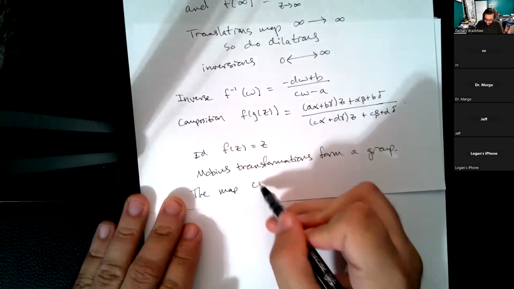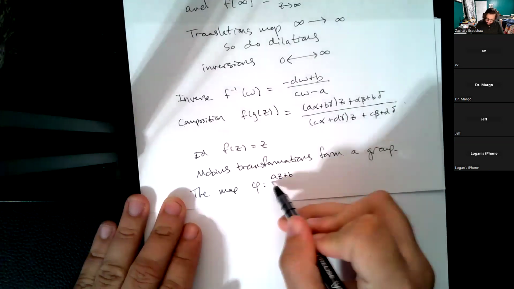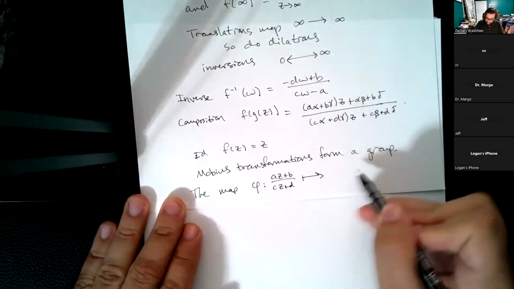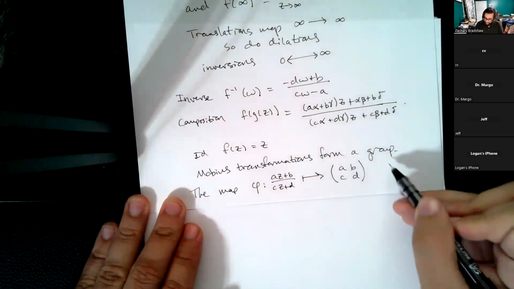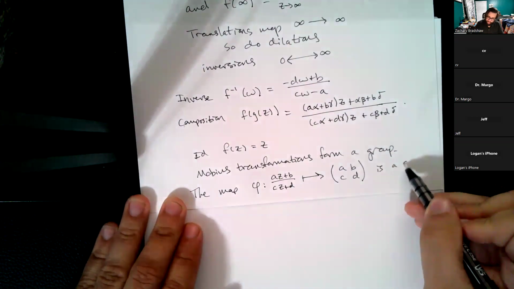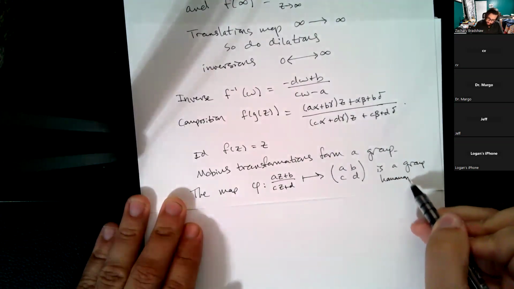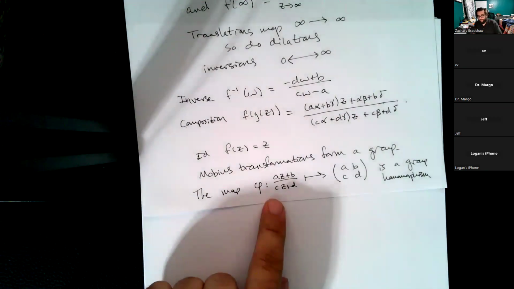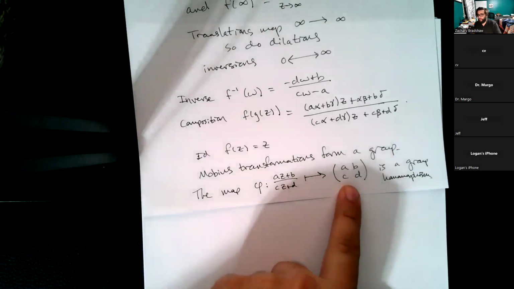The map phi taking, let's say, an arbitrary Mobius transformation to the matrix A, B, C, D is a group homomorphism. On the left, we have composition of functions as our operation, and on the right, we have multiplication of matrices as our operation.